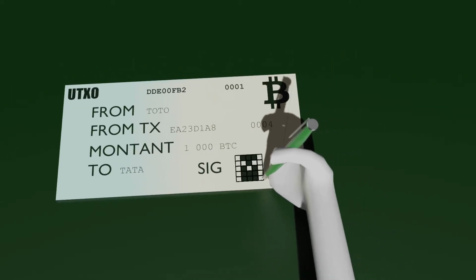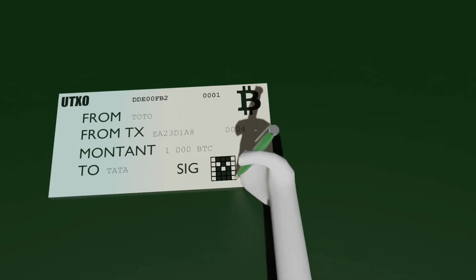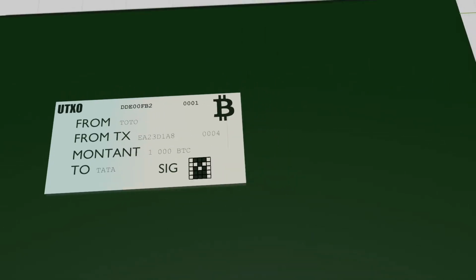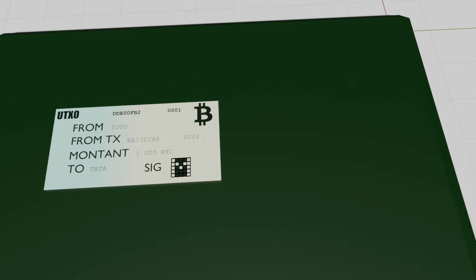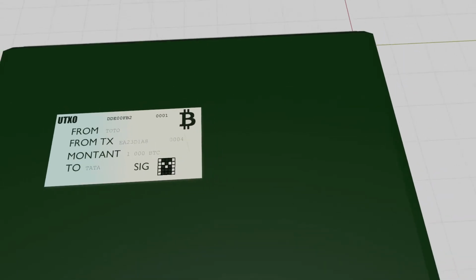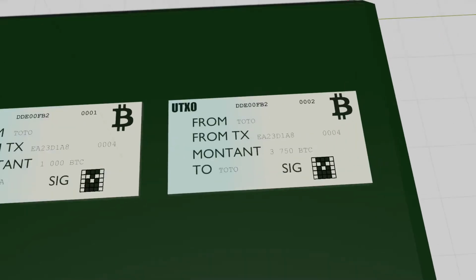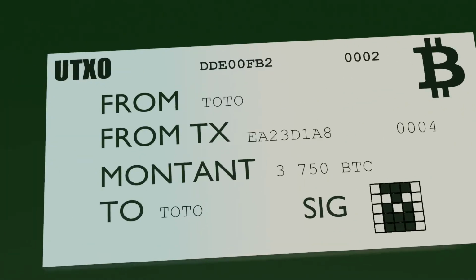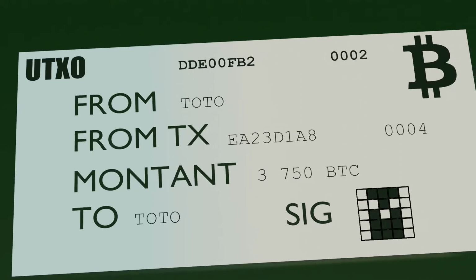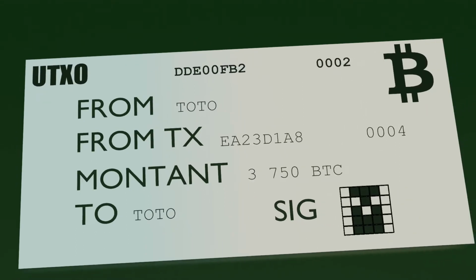However, in this Bitcoin world, checks can only be drawn from once. Therefore, Toto will have to write to himself most of the remainder value of the check or UTXO he is drawing money from.